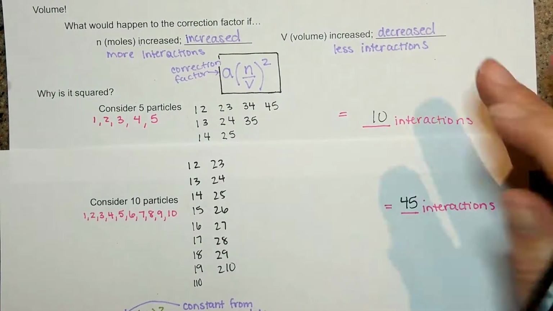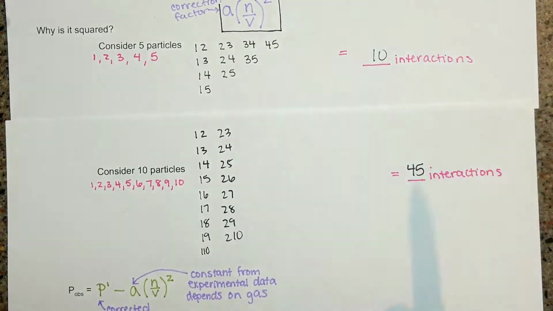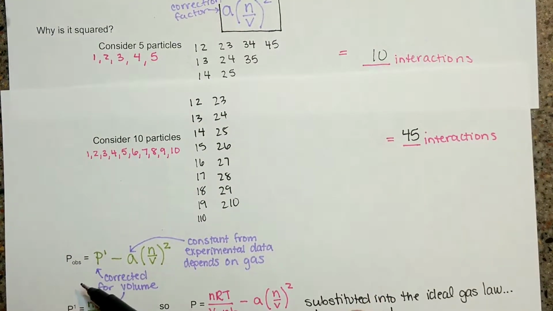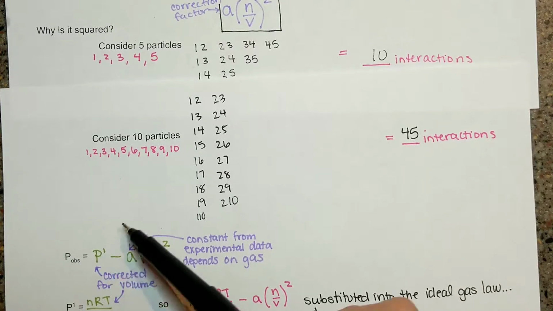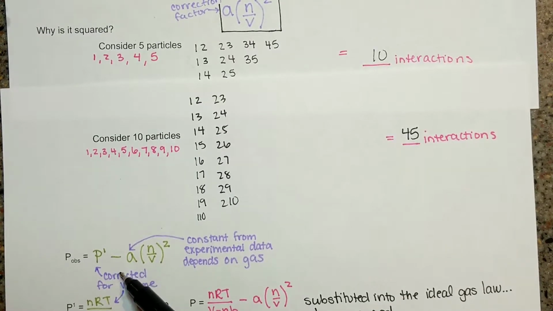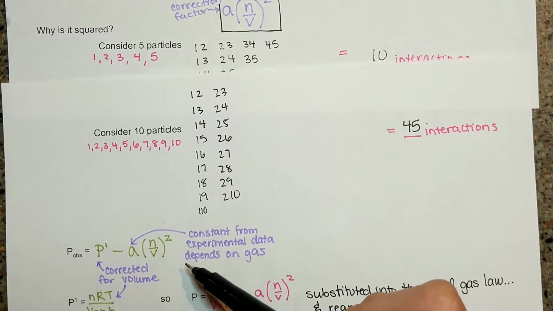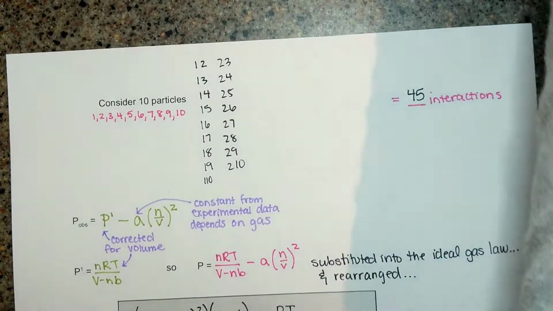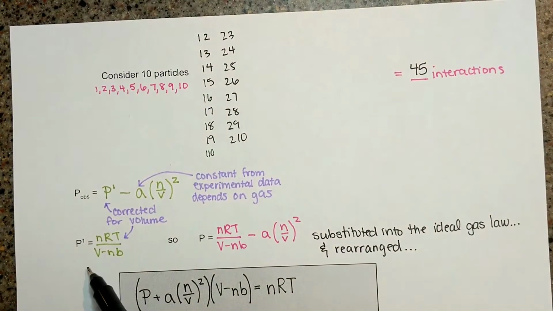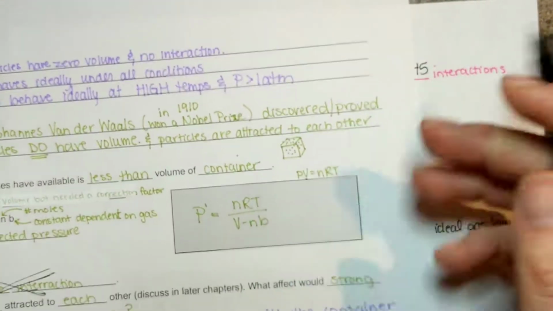So condensing this down, we have now altered pressure by saying that our observed pressure is really some corrected pressure minus my constant from my experimental data dependent upon my gas times my moles divided by volume squared. Okay. So this corrected pressure is nRT divided by V minus nb, which we solved for earlier here.